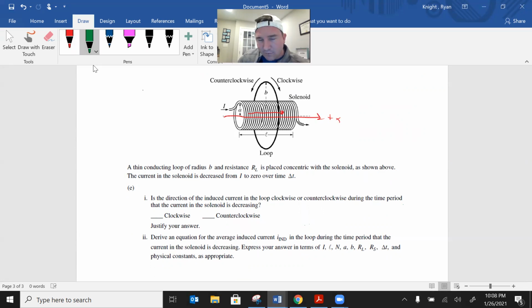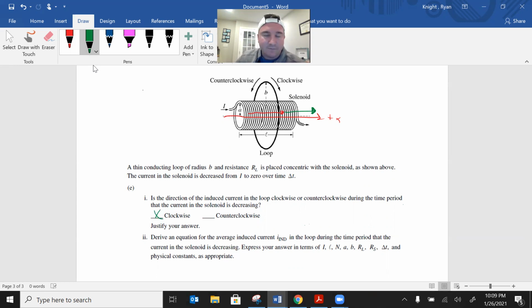So our magnetic field was big, it's getting smaller. Our current's going to try and create more magnetic field to make up for that difference, to keep it what it was. It wants everything to stay the same. So in order to create magnetic field that way, to support our decreasing magnetic field, we would need our current to go clockwise.